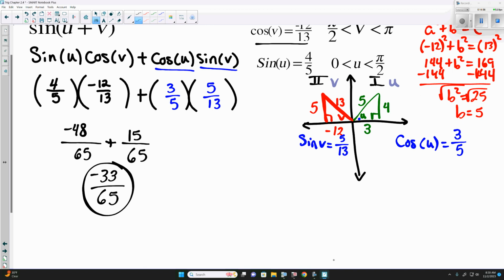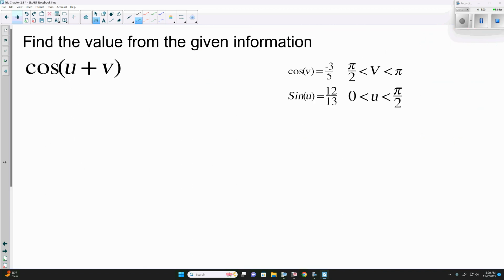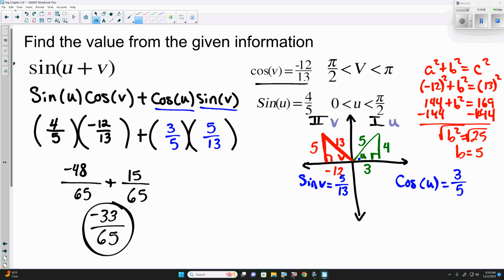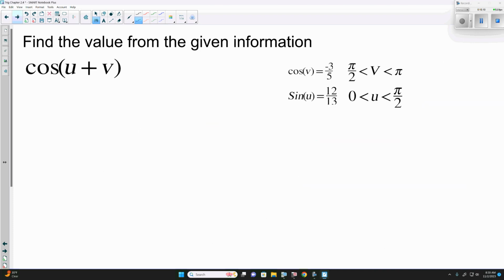Questions on this here? Well, find the value from the given information. So these are a little different. On the homework, luckily, they will give you more than one problem for a given setup.